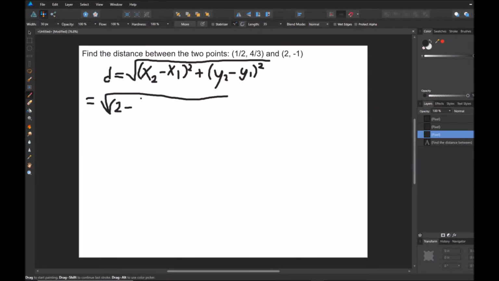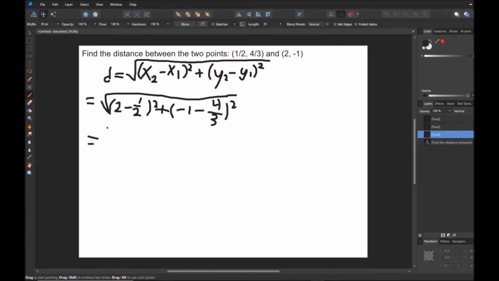And x1 is 1/2. And that's going to be squared, plus y2, which is negative 1, minus 4/3, and all that is getting squared as well.